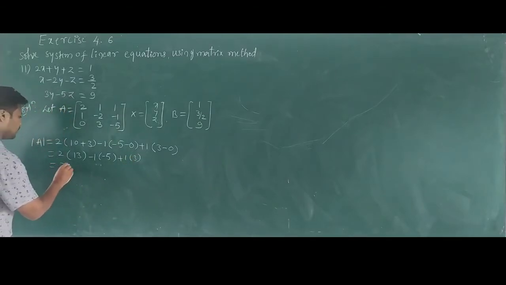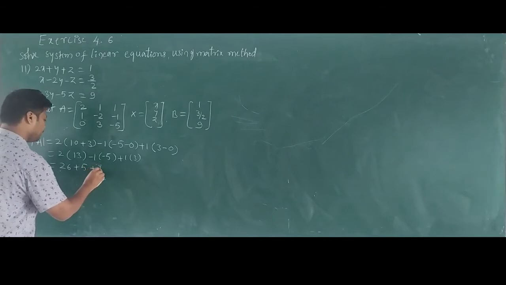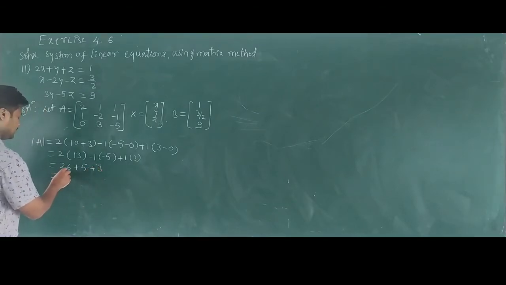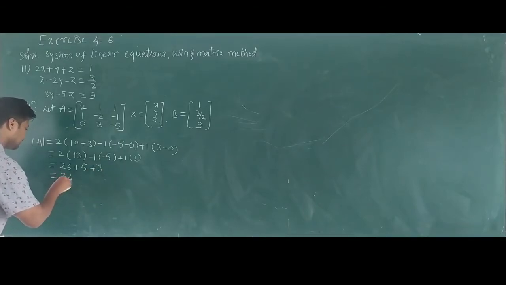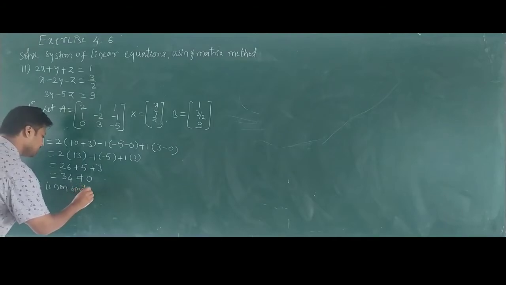So this is 26 plus 5 plus 3, 31 plus 3, 34, which is not equal to 0. Therefore, A is non-singular, which means A inverse exists.